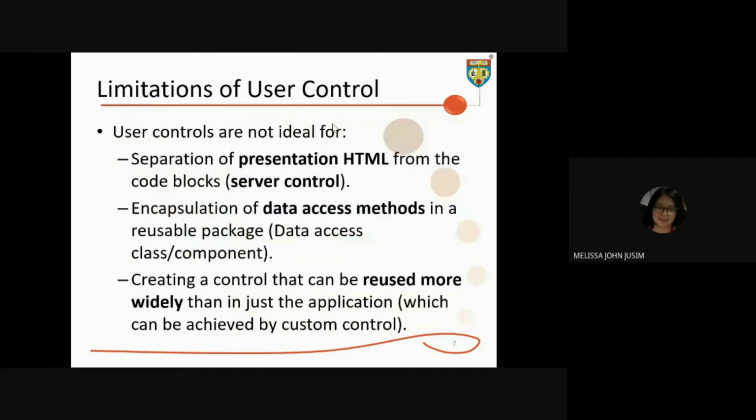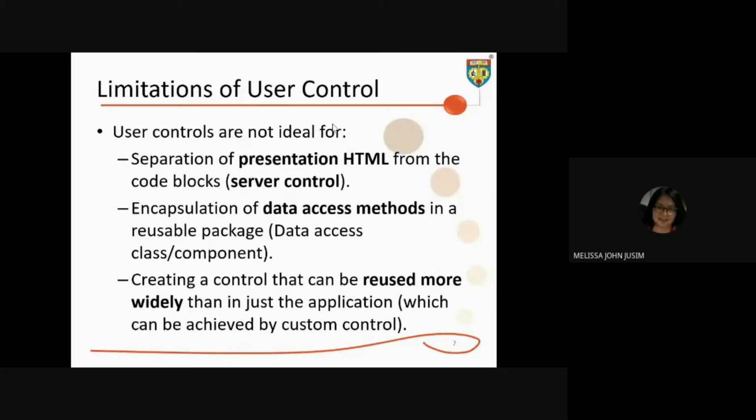Now the limitations. You will only appreciate this particular explanation once we go through the examples, of course. But for the time being, let's just go through these three limitations, meaning when we cannot use user control. It's not ideal to use user control if there's a separation of your HTML from your coding, the code behind. It's also not ideal for data access methods.